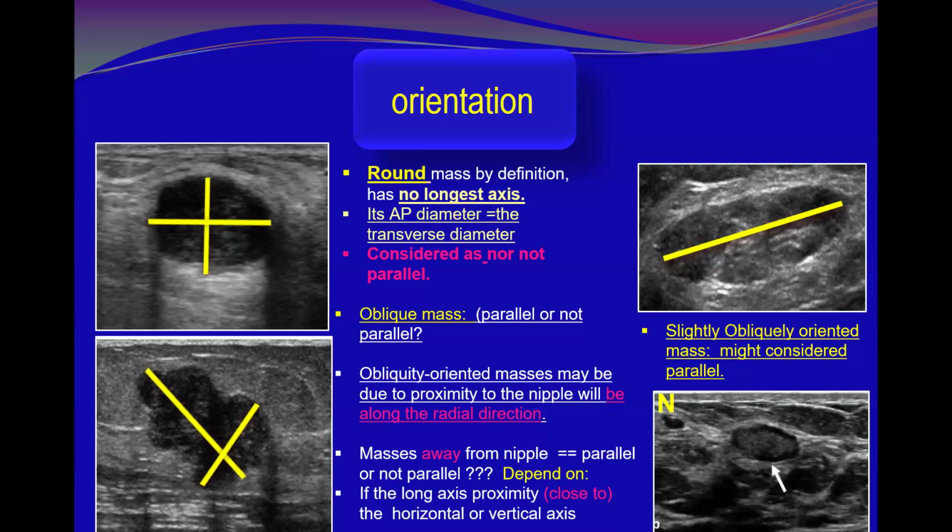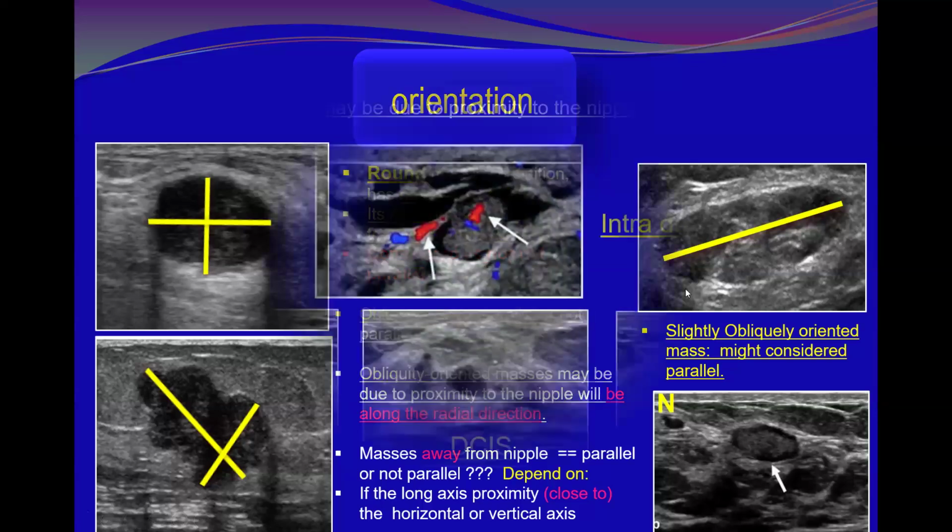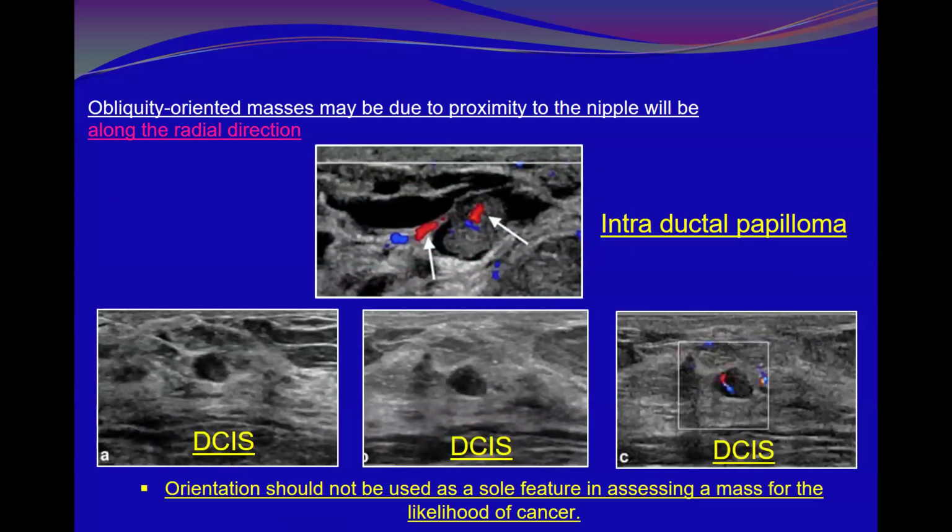If the lesion is away from there, as mentioned earlier, we go and see the long axis of the mass and its proximity to the horizontal or the vertical axis. Obviously this one is more toward the vertical, while this is more toward the horizontal.